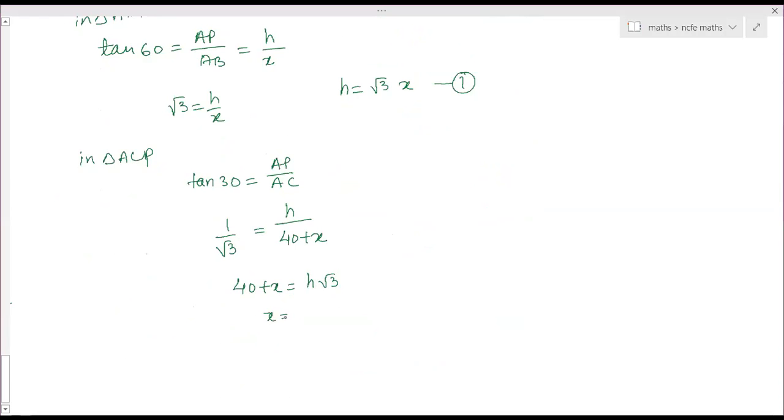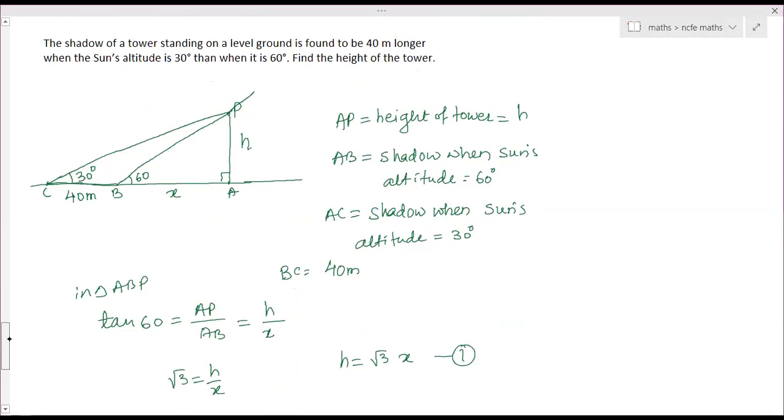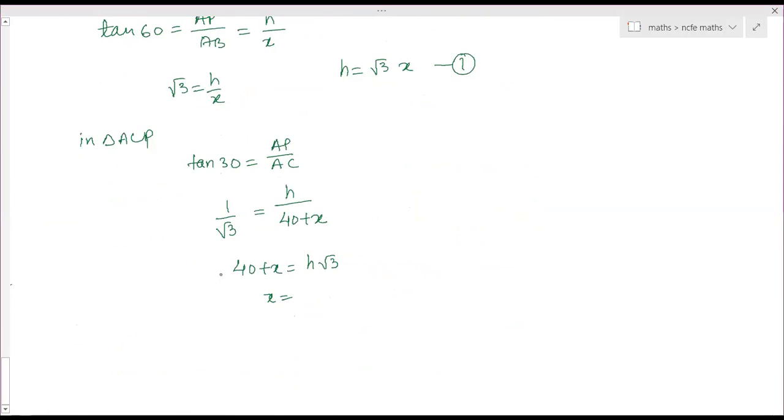Now what is the value of X? We only have to calculate the height of the tower, so the value of H. In the first equation, X is equal to H by root 3. From this one, X is equal to H root 3 minus 40. Both are values of X, so we equate the two equations: H by root 3 is equal to H root 3 minus 40.